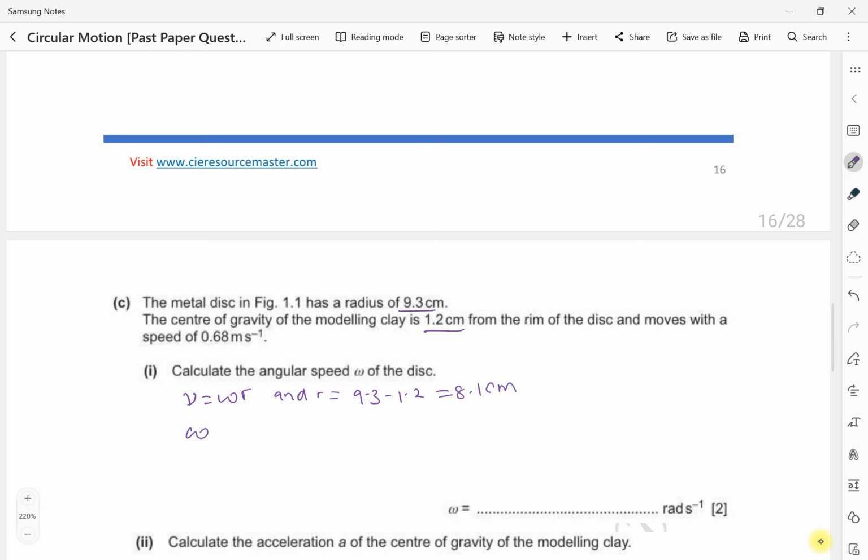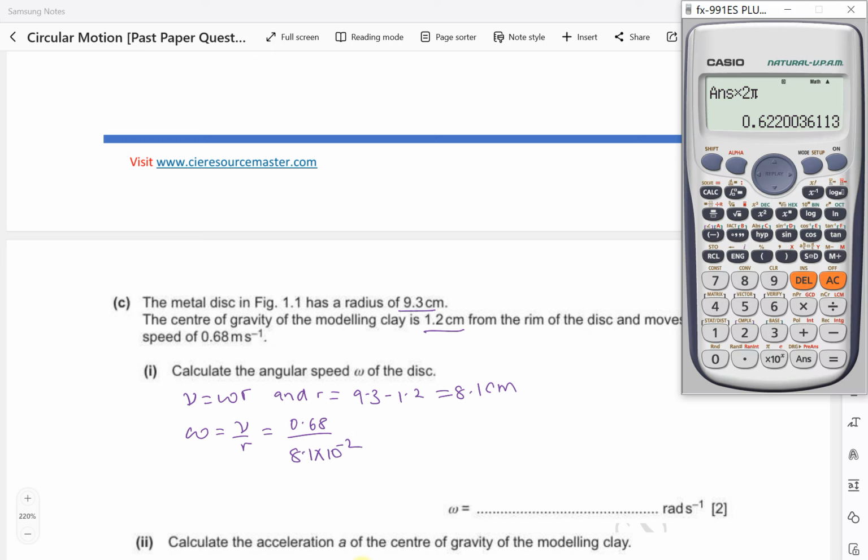So omega is equal to V over r, which is 0.68 divided by 8.1 times 10 to the power of minus 2 to change it to meters.